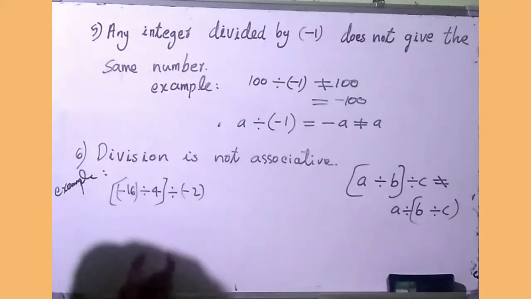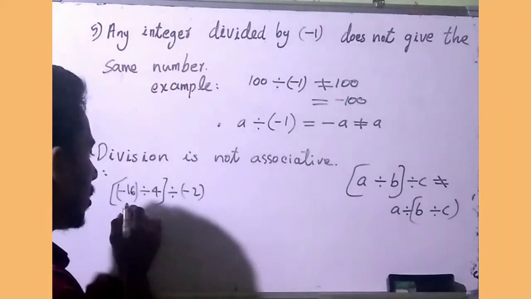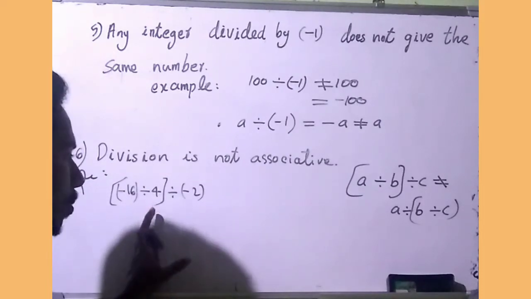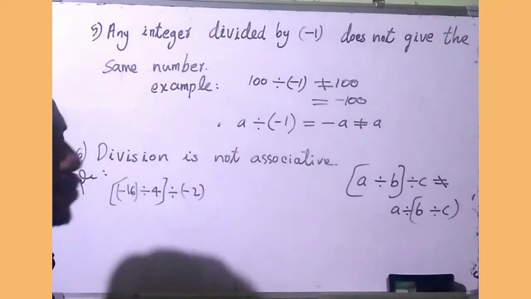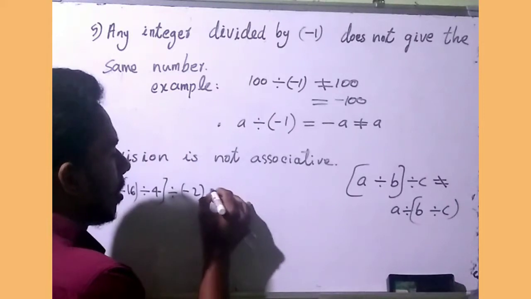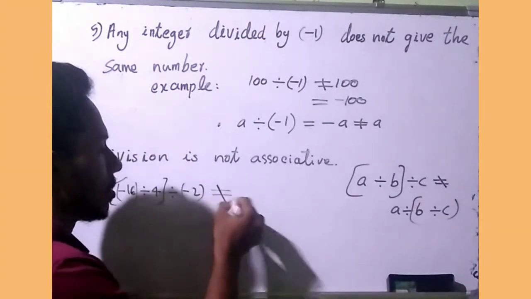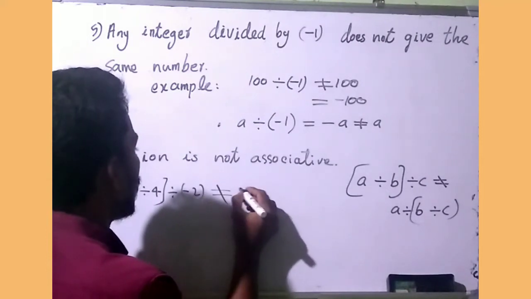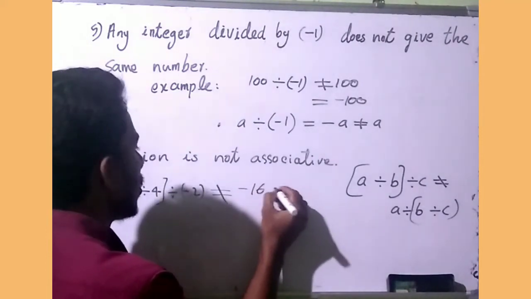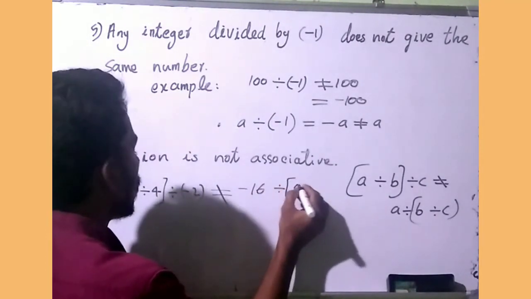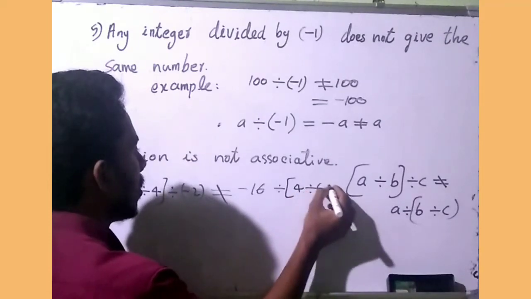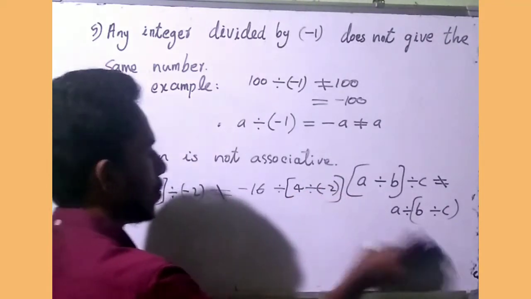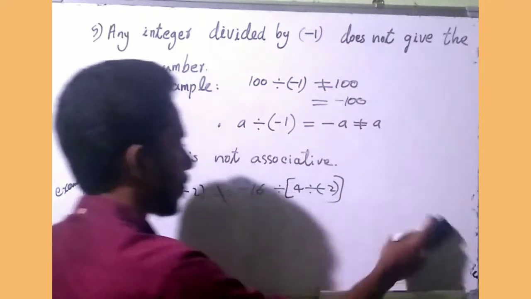We have to find the answer. Is -60 divided by 4 divided by -2 equal or not to -60 divided by 4 divided by -2 with the other grouping? We have to check it.